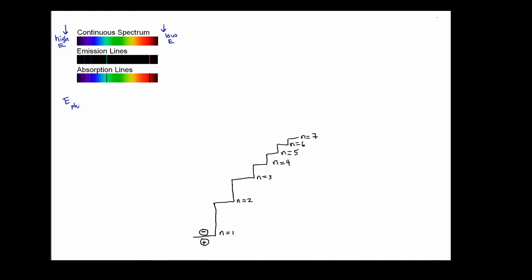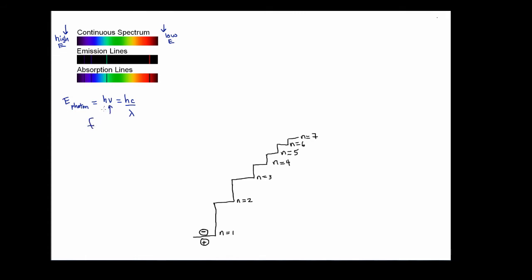So the energy of a light wave, or the energy of a photon, is equal to Planck's constant times the frequency. This is also equal to Planck's constant times the speed of light in a vacuum divided by the wavelength. Let me define some of these in words so that you don't forget.